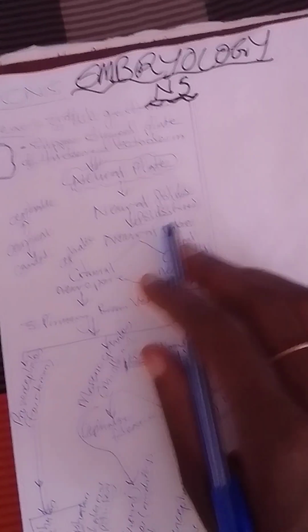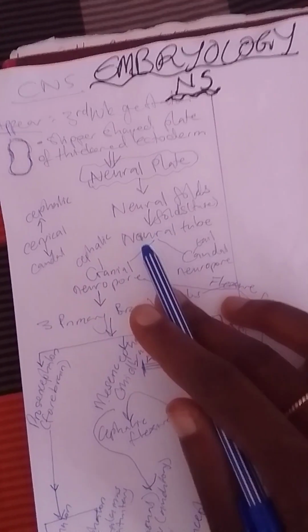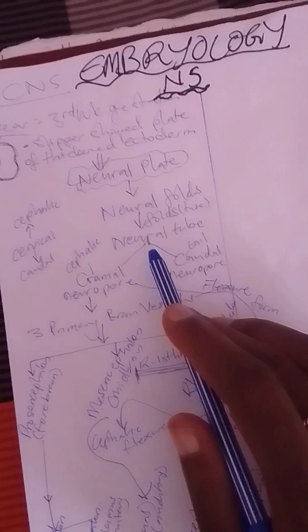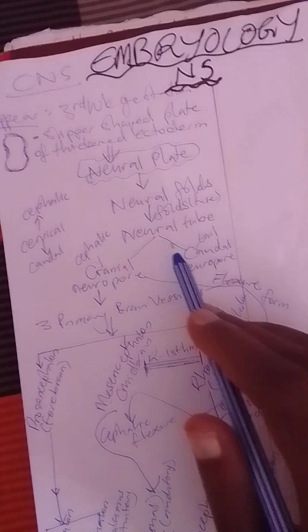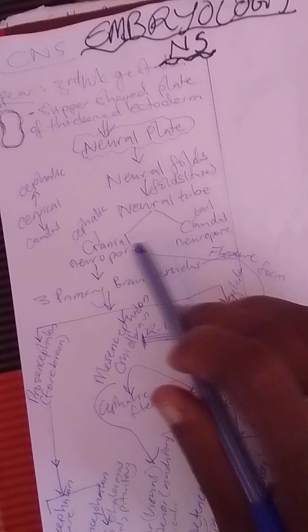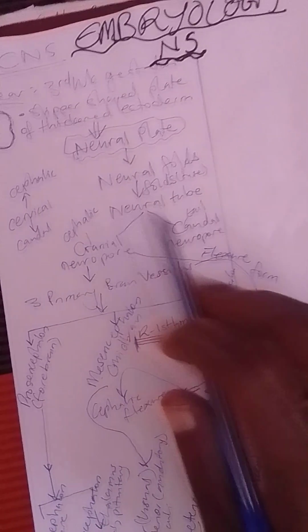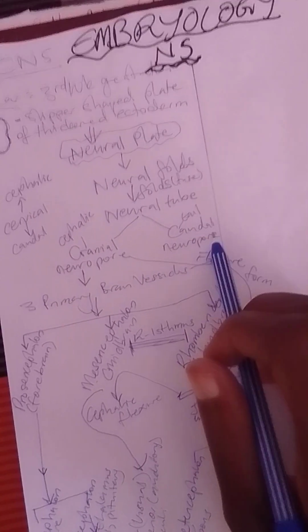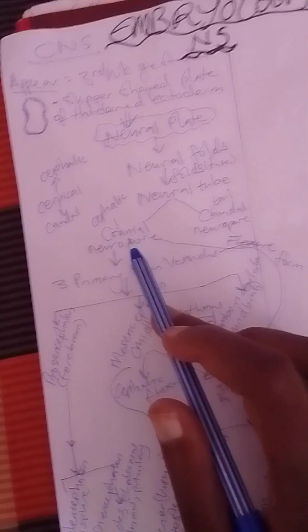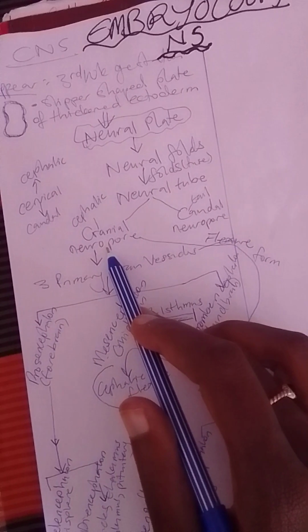So these lateral edges are going to fuse and form a narrow tube, which is known as the neurotube. This neurotube divides into two parts, the cranial end and the caudal end, or neural pole. Cranial, also known as cephalic, and caudal, meaning tail, or towards the legs. First, we only looked at the cranial neural pole.